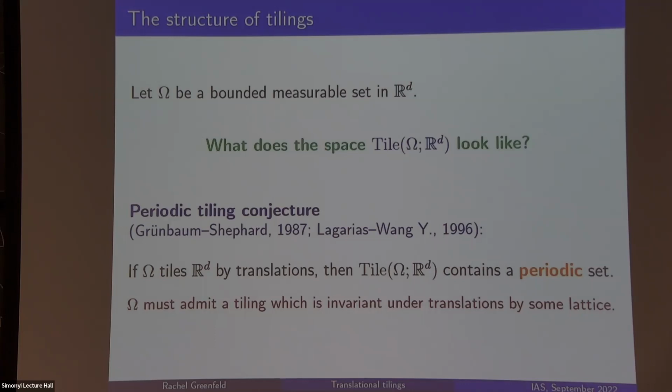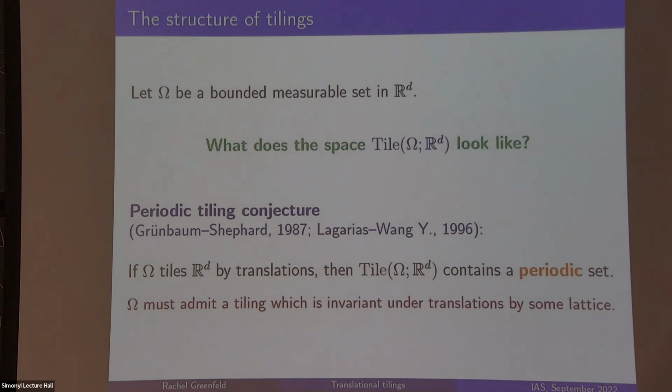Namely, if this space of solutions or tilings is non-empty, then it must contain at least one set that is invariant under translation by some lattice. This conjecture was implicitly posed in 1987 by Grünbaum and Shephard, and a bit later it was explicitly formulated by Lagarias and Wang in 1996.